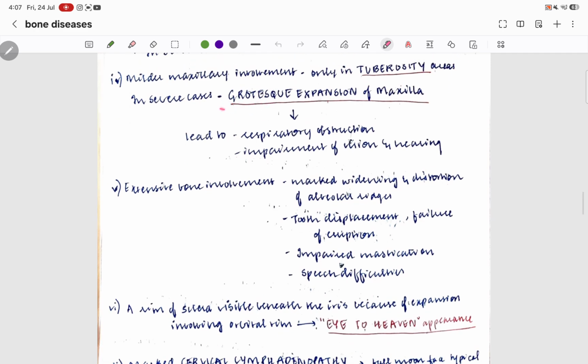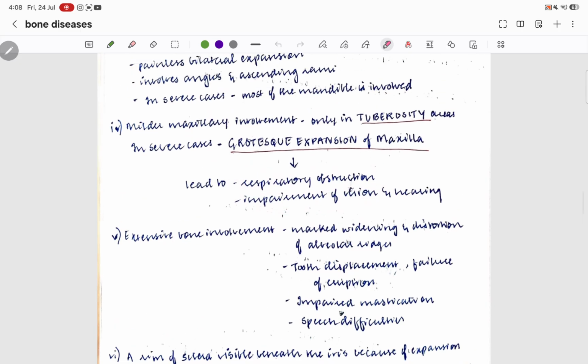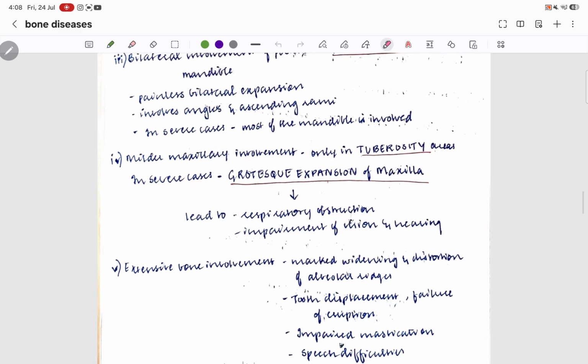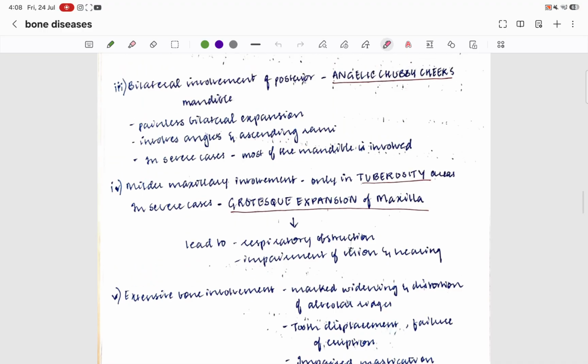Then you have gross expansion of the maxilla leading to respiratory obstruction, so there is obstruction of the respiratory tract and impairment of vision and hearing. In milder maxillary cases, the affected site is usually the tuberosity of the maxilla.